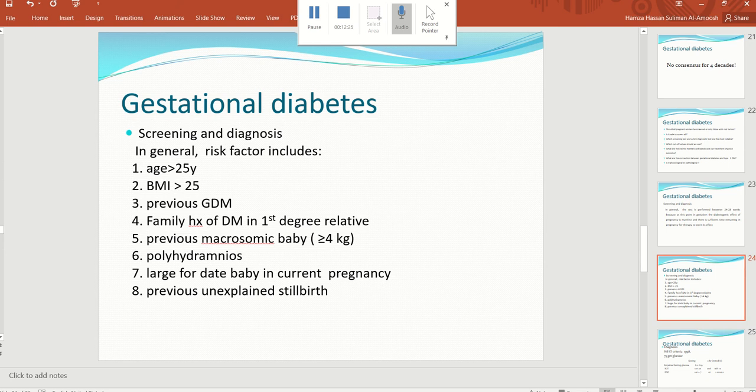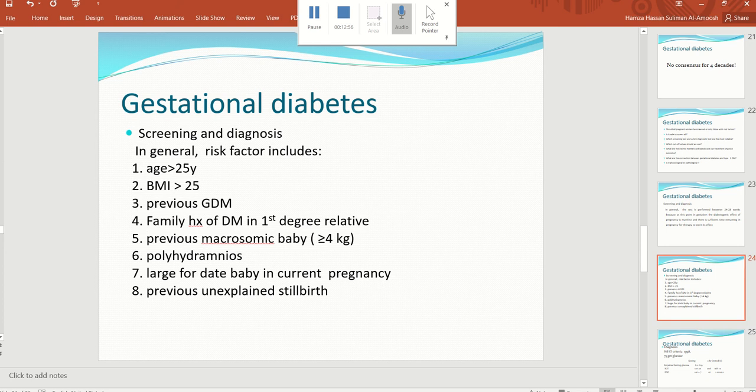At the beginning of pregnancy, and mainly at the dating scan, we screen by fasting blood sugar or random blood sugar. If this is normal, then we don't need to screen anymore if there are no other risk factors. If this is abnormal, then we need to screen with glucose tolerance test.